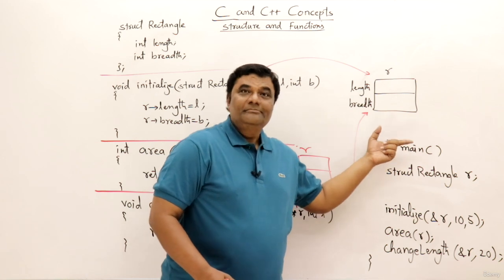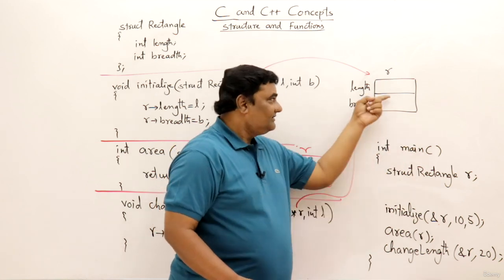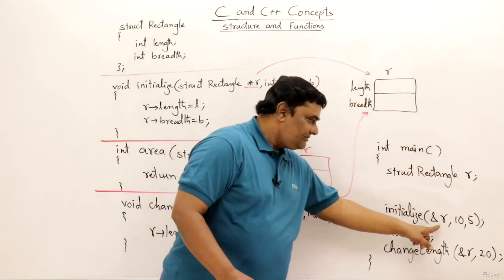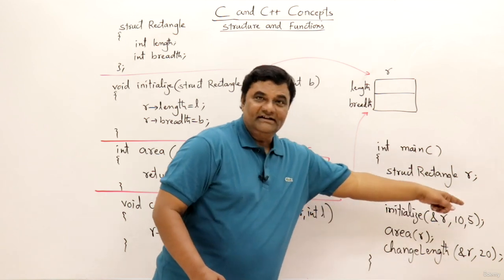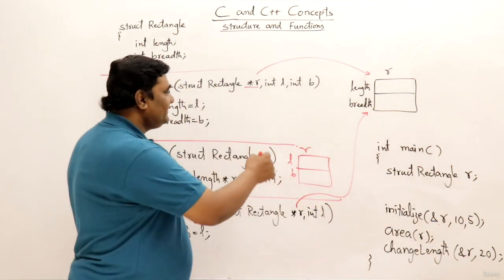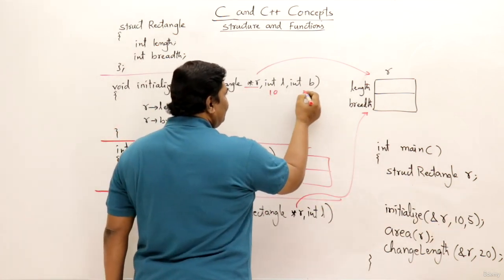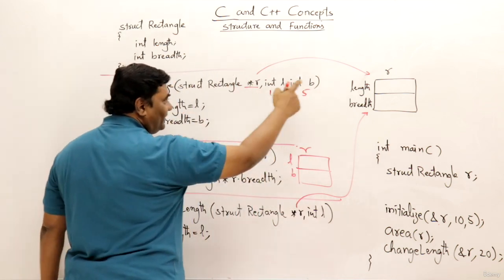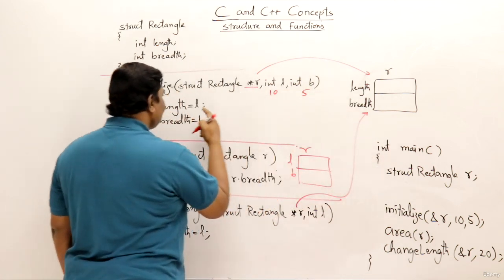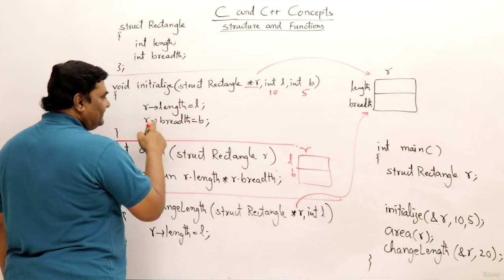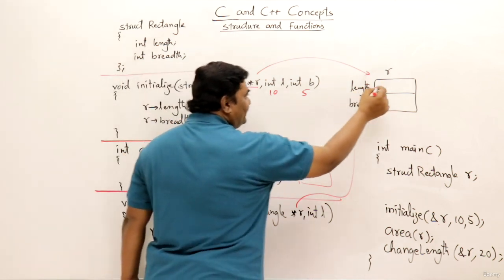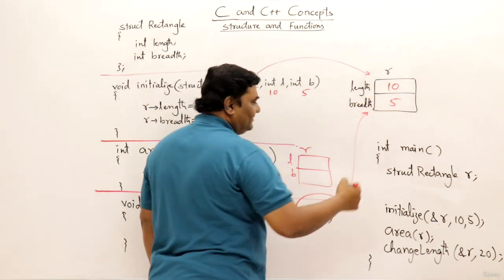Let us start executing. Main function has a rectangle, this one. Then it calls the initialize function by sending an address and new values for length and breadth. Length and breadth are called by value, so 10 is copied in this one, 5 is copied in this one, and this is a pointer to that rectangle that belongs to the main function. And r dot length is assigned L and breadth is assigned B. So this will be 10 and 5.